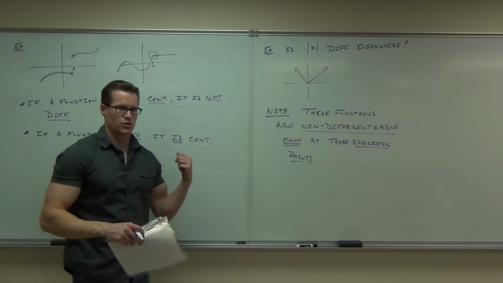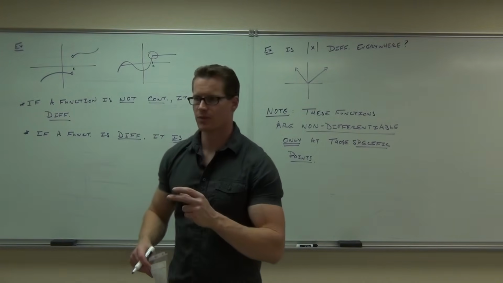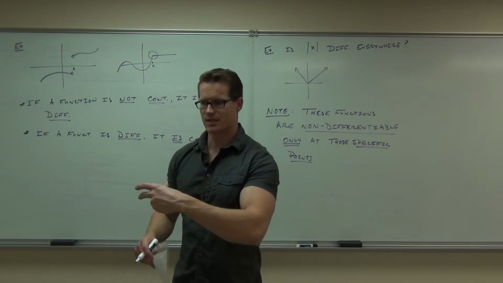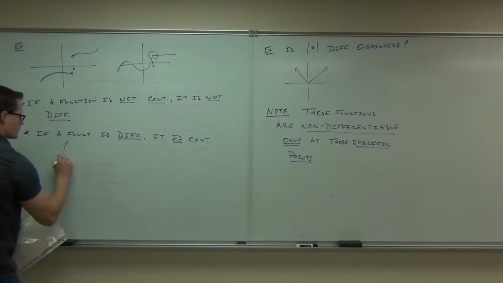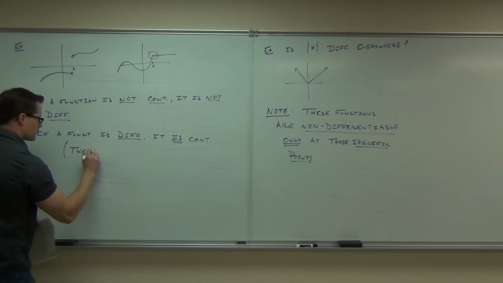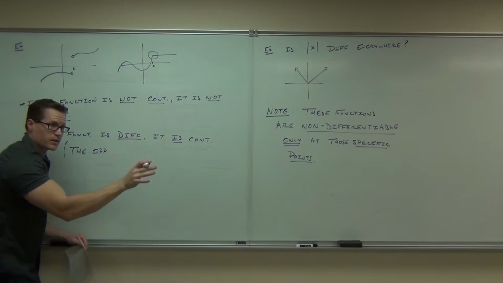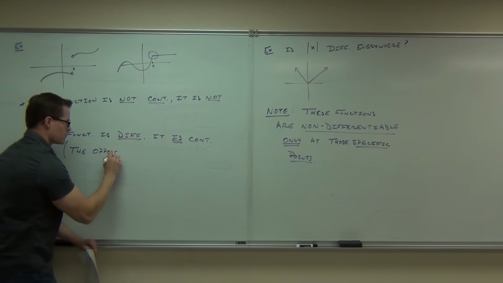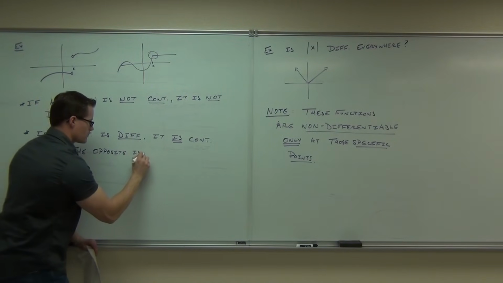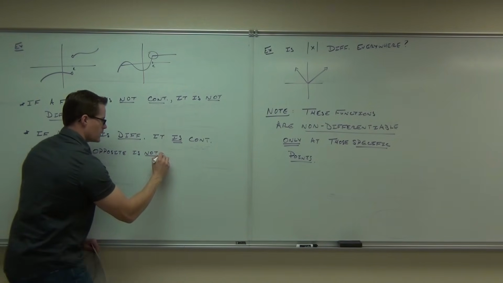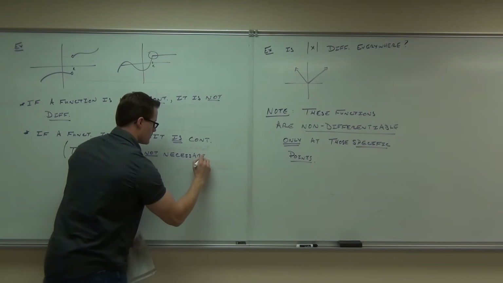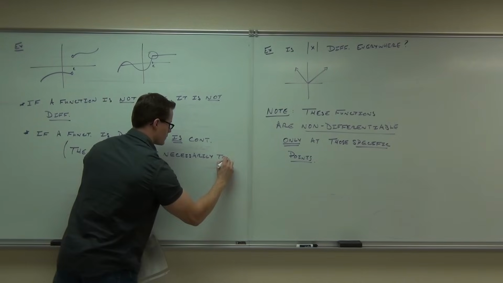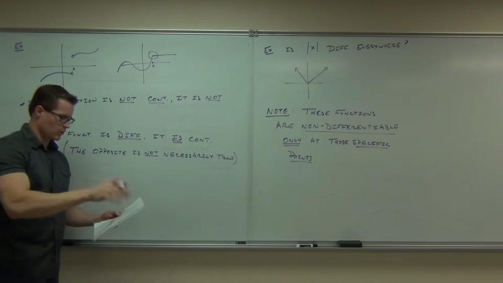The opposite, I've just told you, is definitely not true. If a function is continuous, it does not necessarily mean that it is differentiable, at a point. Okay, we'll end with that.